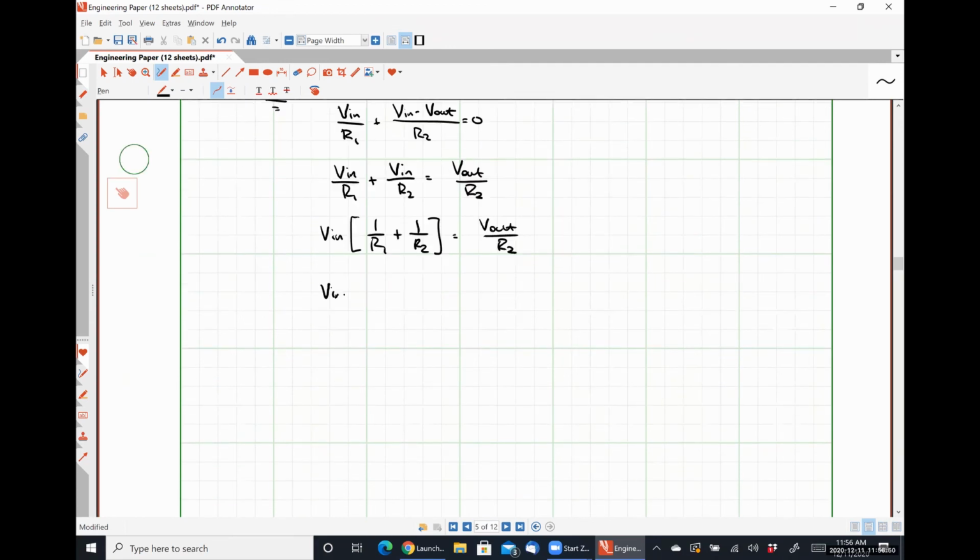So this is Vn times, let's see, R1 plus R2 divided by R1 times R2 is equal to V out over R2, which gives us finally V out is equal to Vn times 1 plus R1 over R1 plus R2.